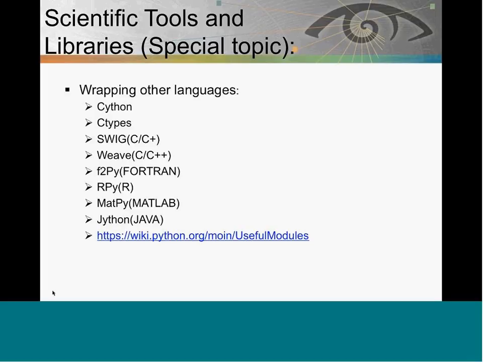Here is the link which gives detail about the packages very useful in Python, which you need generally on a regular basis to do the programming in Python. And I recommend you go to this link and look at the packages.